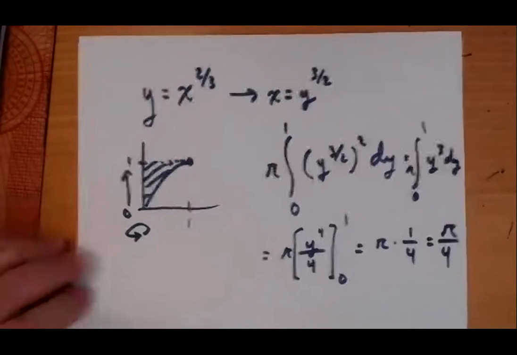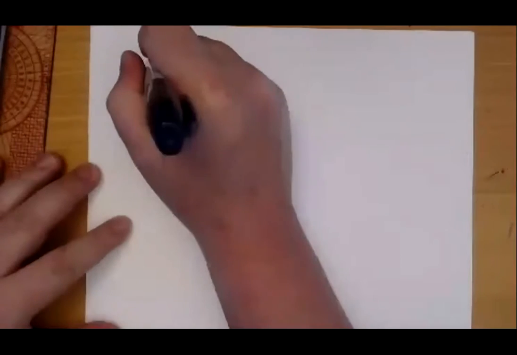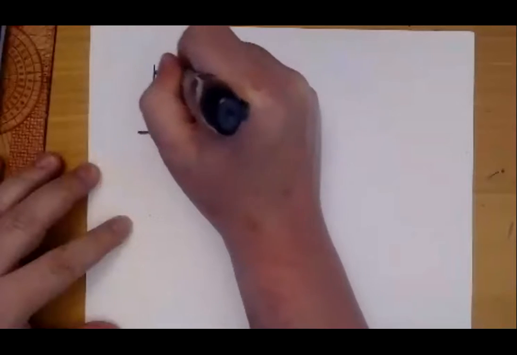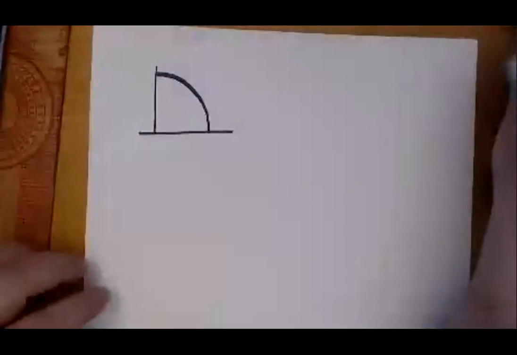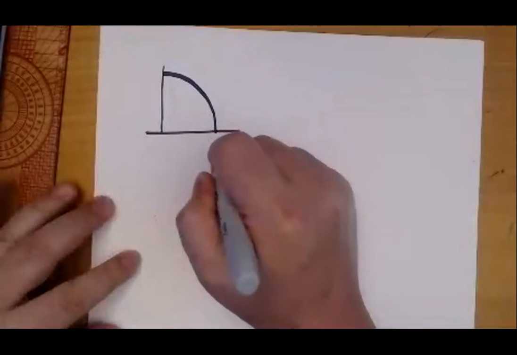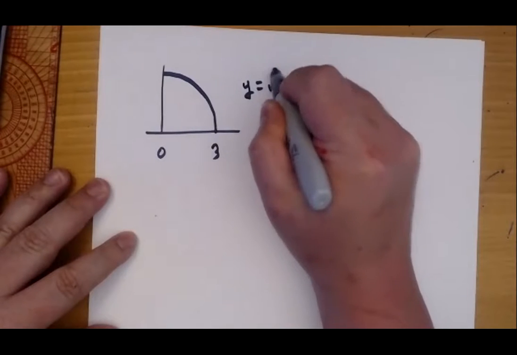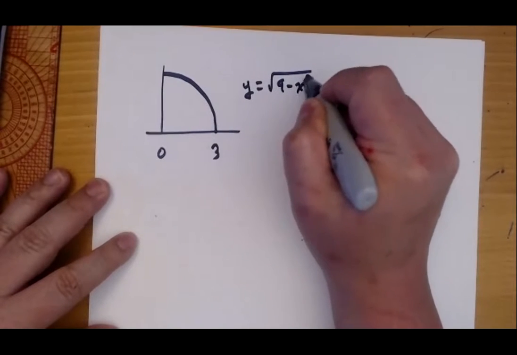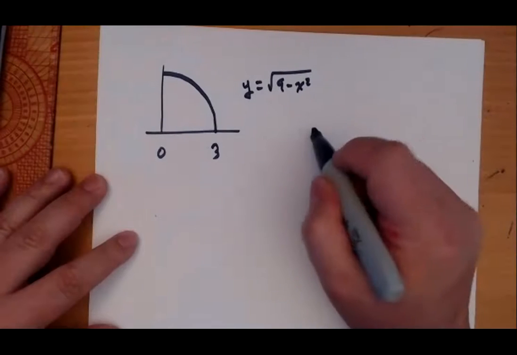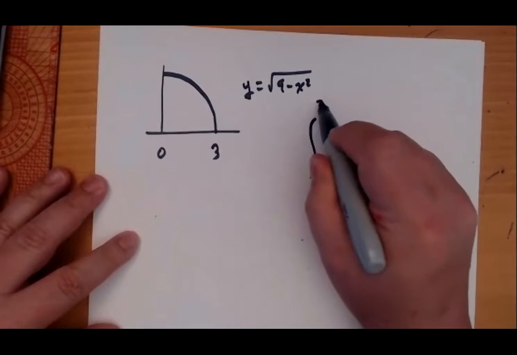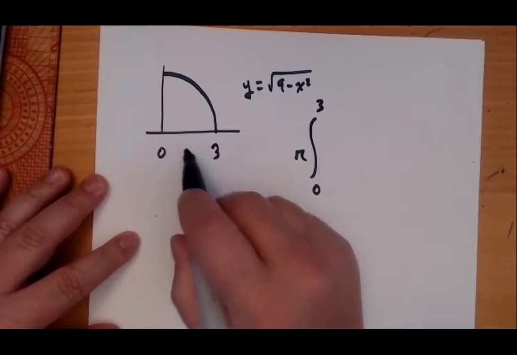Okay. Did you go over number 4? Sure. I'm going to have to look at that one again. Like the half sphere. Okay. So 0 to 3, and you're revolving about x, and you have y equals the square root of 9 minus x squared. And so my integral is from 0 to 3, because we're going about the x-axis.